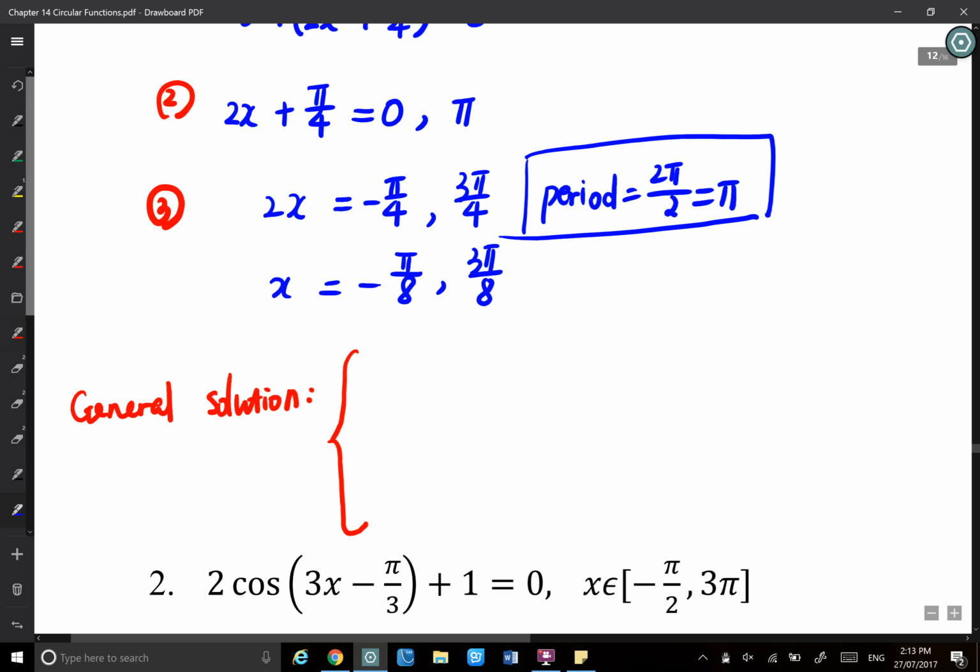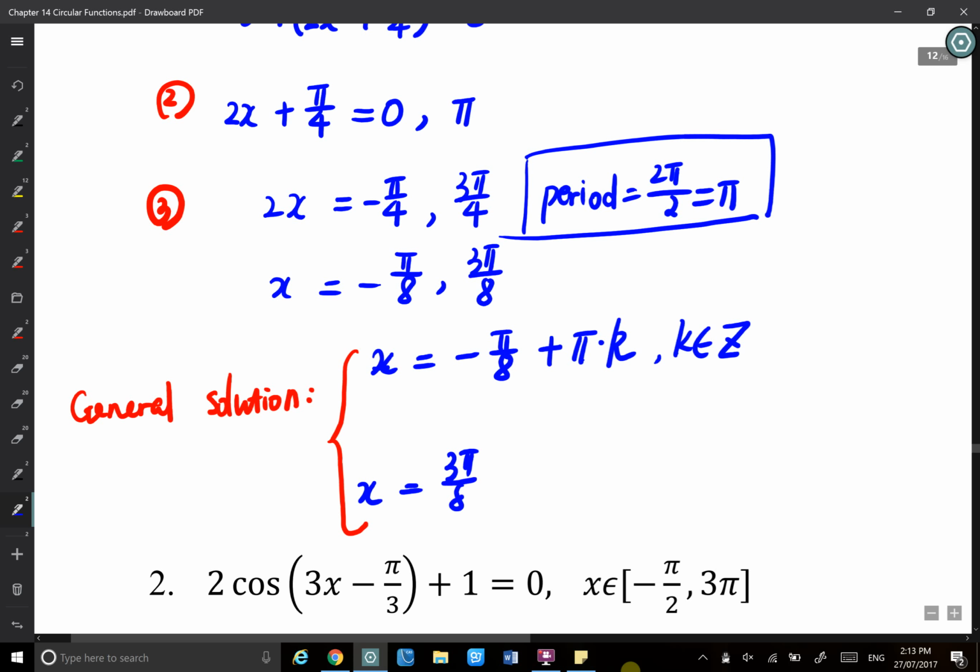The first equation will be like x equals minus pi on 8 plus pi times k, where k belongs to Z. The next one will be 3 pi over 8 plus pi times k, where k belongs to Z as well.